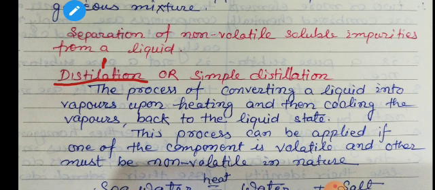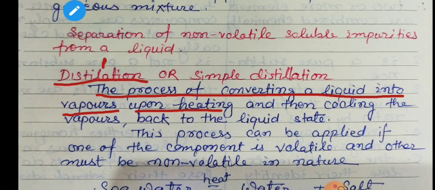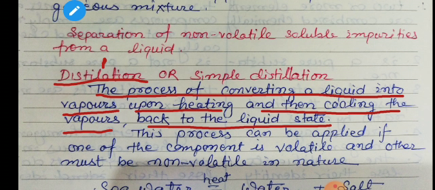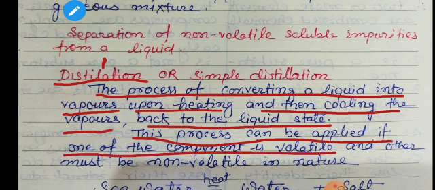So students, we can define it as the process of converting a liquid into vapors upon heating and then cooling the vapors back to the liquid state is called distillation. And students, this process can be applied if one of the components is volatile and the other is non-volatile in nature. Then only we can apply the distillation process, otherwise not.